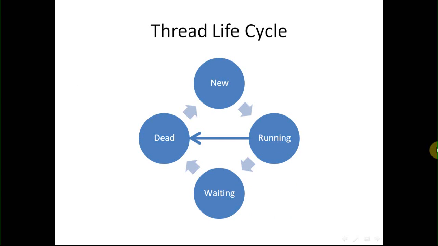In this slide, as you see, is the life cycle of a thread. I could add other states to this slide, but these states are the most popular and important states of a thread. The first state is new.